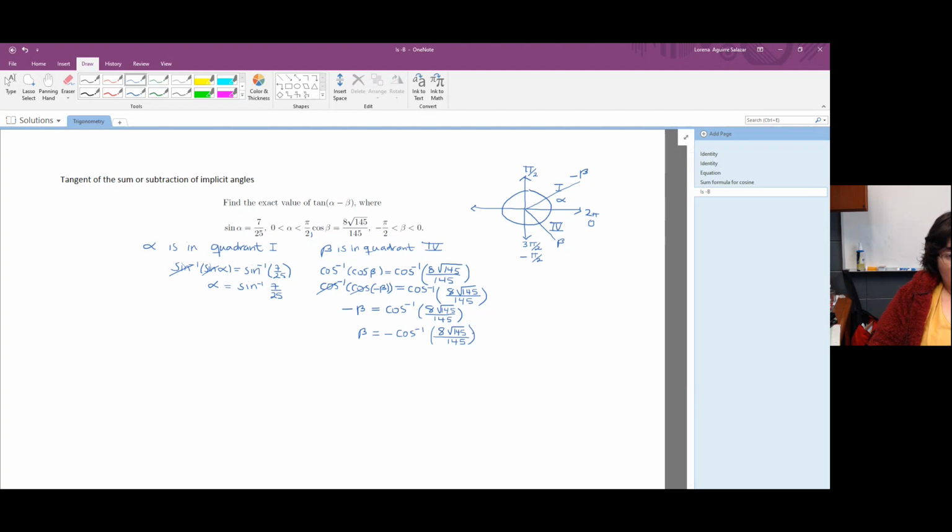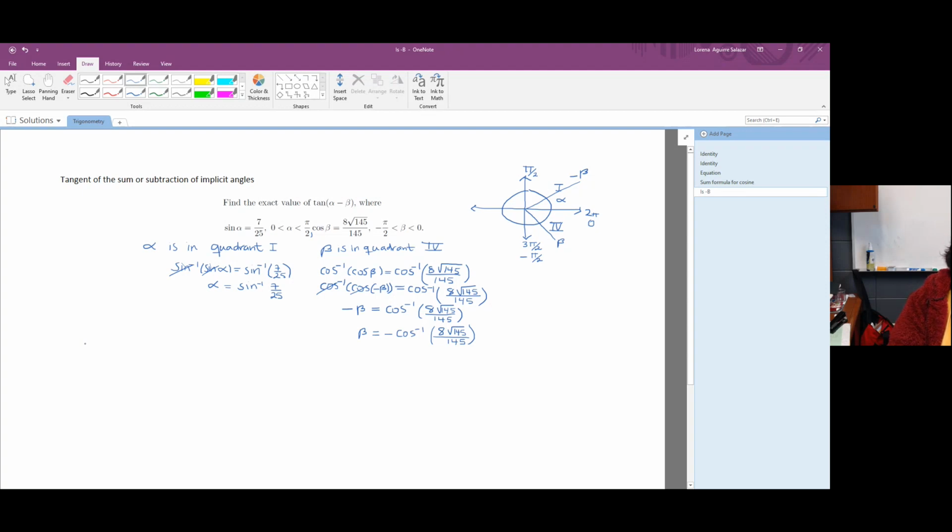So far we have found alpha and beta more explicitly. I know that alpha and beta don't look very explicit, but they are as explicit as they can be. And we found alpha equals inverse sine of 7 over 25, and beta equals negative inverse cosine of 8 root 145 over 145.